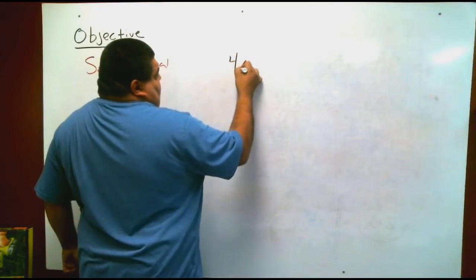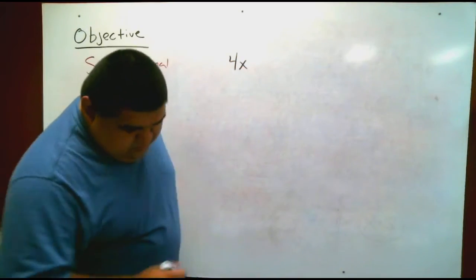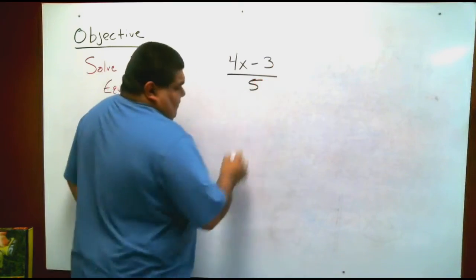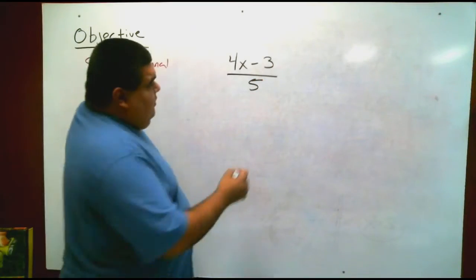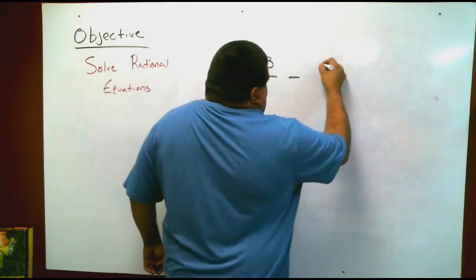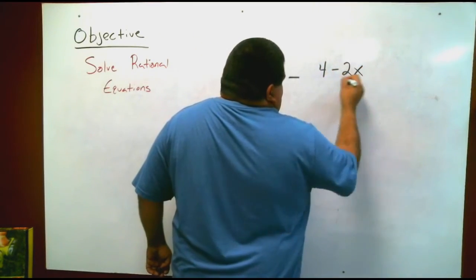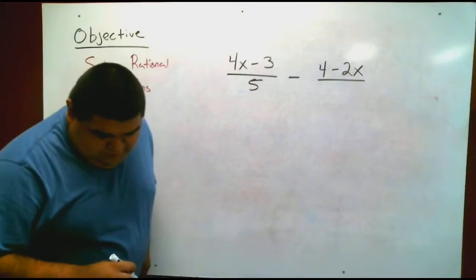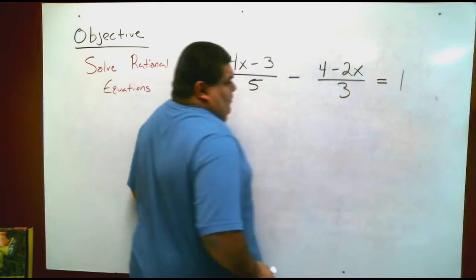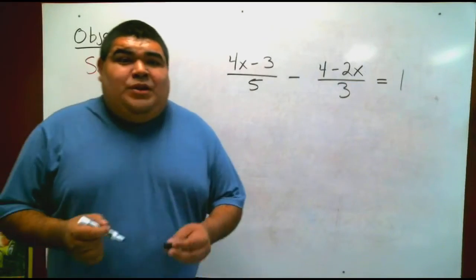So 4x minus 3 over 5, okay, minus 4 minus 2x over 3 equals 1, okay? Again, it's similar to the one I just did.